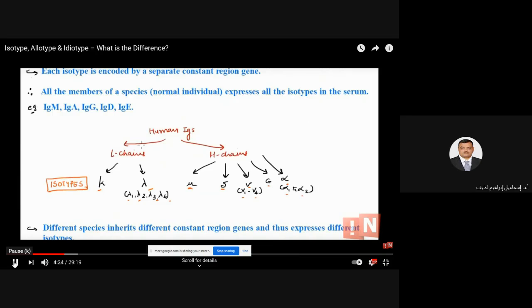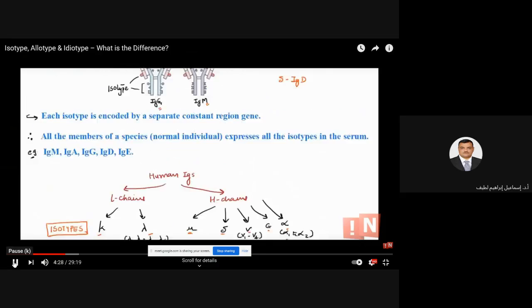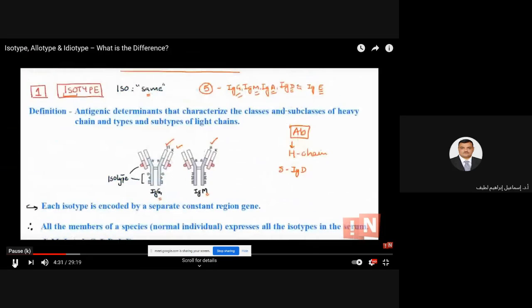So we have all these light and heavy chains coming together to give us 5 different types of antibodies. And those different heavy chain and light chain combinations decide what type of antibody it is, right? So that means there are specific genes that code for that specific heavy chain or that specific light chain, either kappa or lambda, or heavy chain delta, heavy chain alpha.